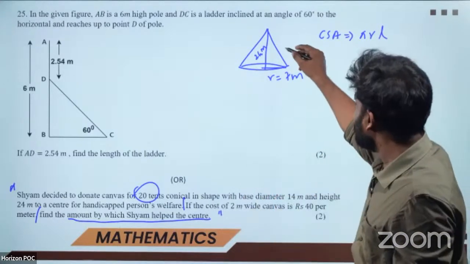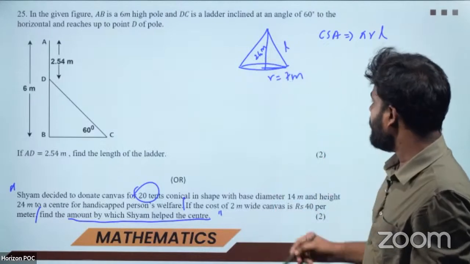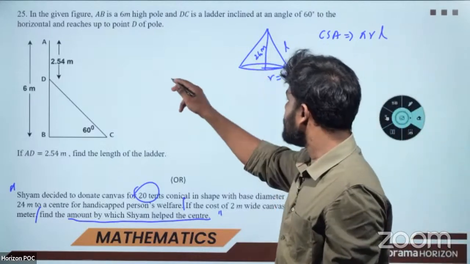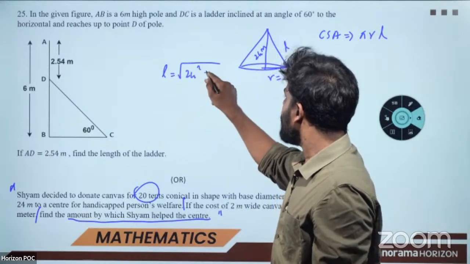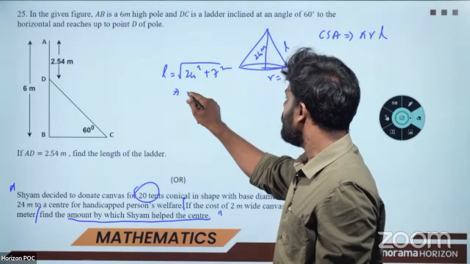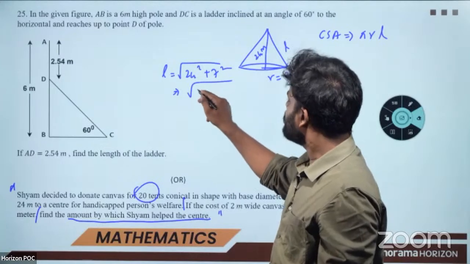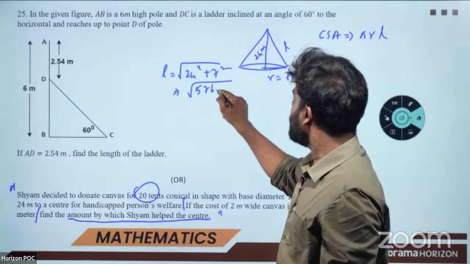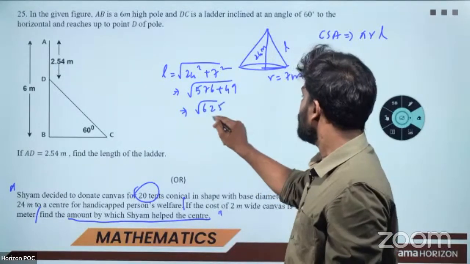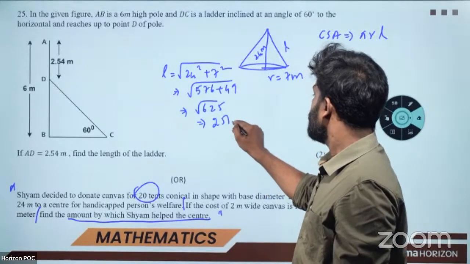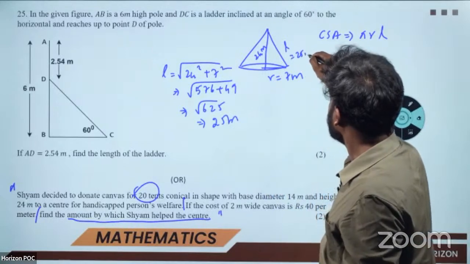So what will be the slant height L? You have 24 as height and radius as 7 meter. So the slant height will be root of 24 square plus 7 square, that is 576 plus 49, root of 625, which is nothing but 25 meter.